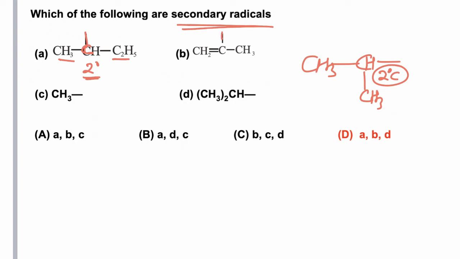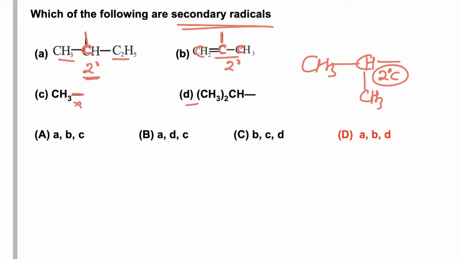Now this carbon is also having free valency and connected with 2 carbon atoms, no matter whether it is connected with a single bond or double bond, while degree only depends on atoms which are directly connected with the carbon atom. So this is also 2 degree carbon. Now this radical is having free valency and not connected with any other carbon atom, so this is not 2 degree radical.